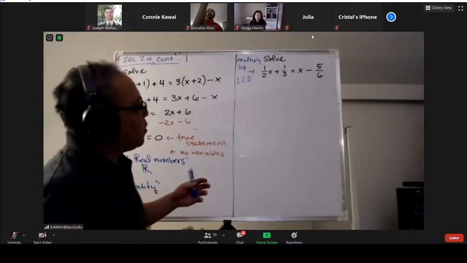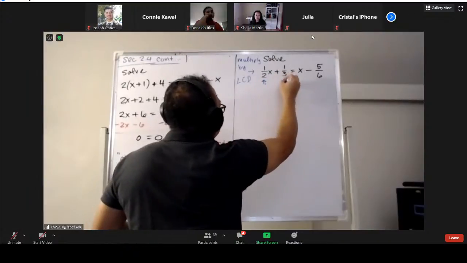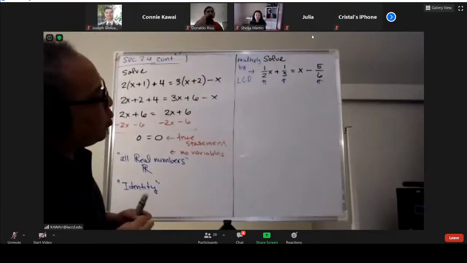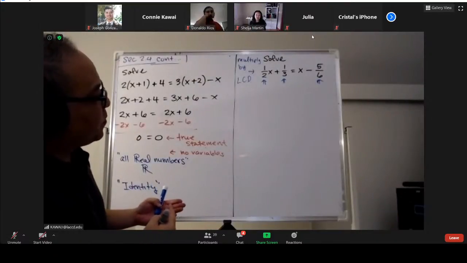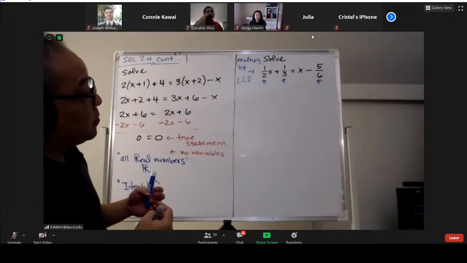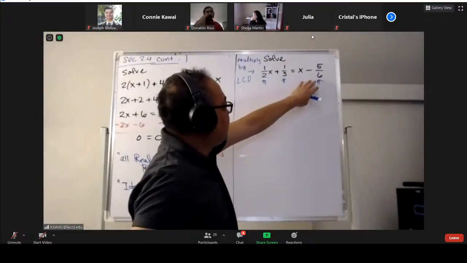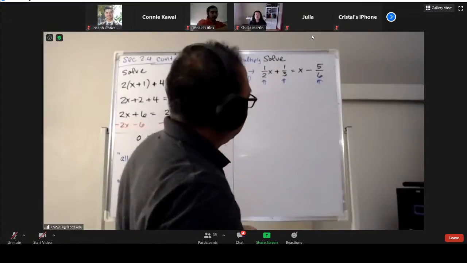What you're looking for is that if we look at these denominators, 2, 3, and 6, we're looking at what is the smallest number that all three numbers divide into.